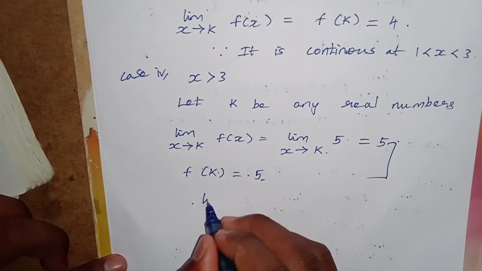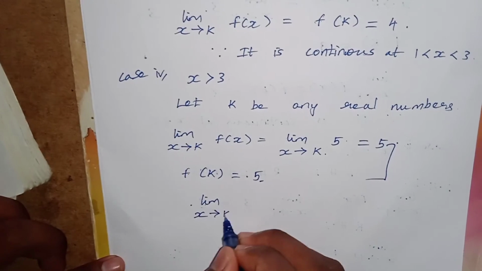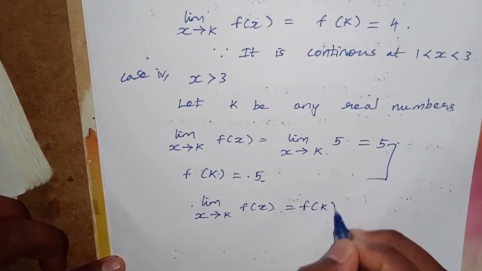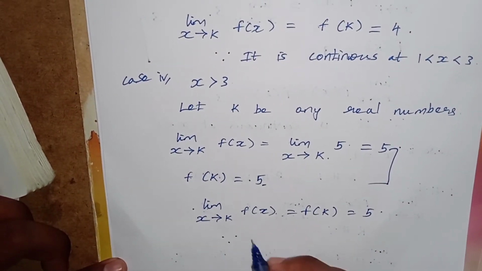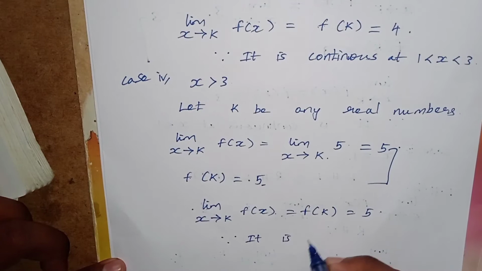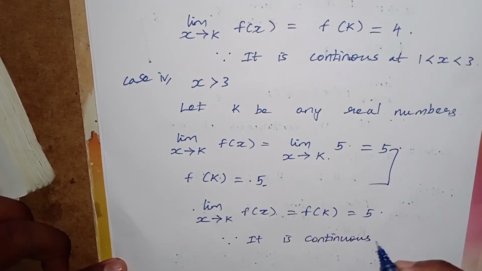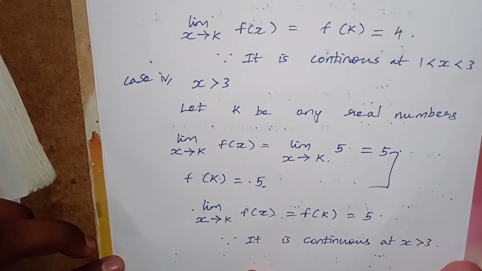Finally you have to write limit x tends to k, f of x is equal to f of k equal to 5. Therefore here it is continuous for x greater than 3. Here my function is continuous.